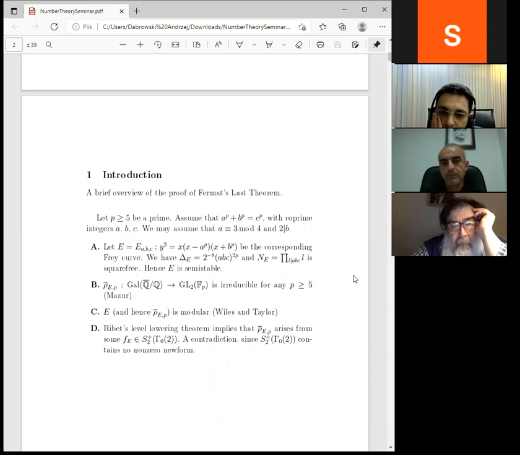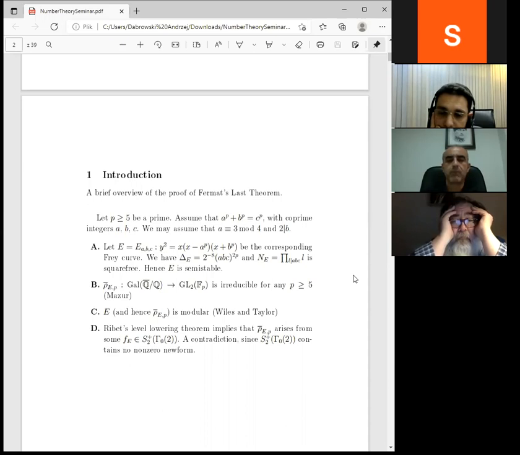So the elliptic curve is modular, and on the level of representations, the associated mod p representation is modular. The last step is Ribet's level lowering theorem, which implies that such a representation arises from some newform of weight 2 and level 2. It's a contradiction because there are no non-trivial newforms of such weight and level. So it's a very brief, well-known proof.